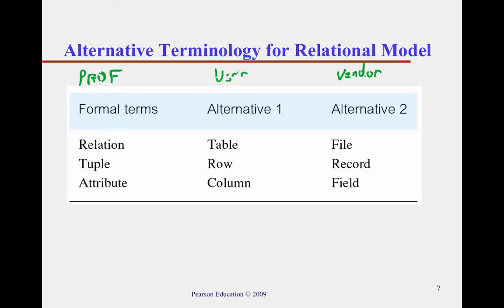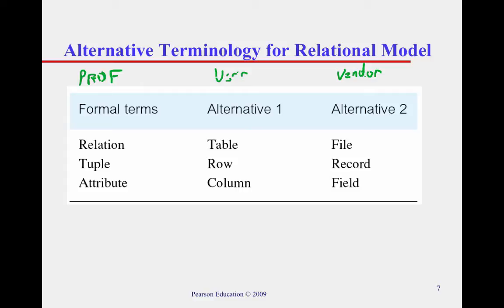So roughly speaking, a relation is something that a user will call a table, and that someone at Oracle or Microsoft might well call a file. So we typically use a file to store a relation. A user will call a tuple a row, and typically a vendor will call it a record.